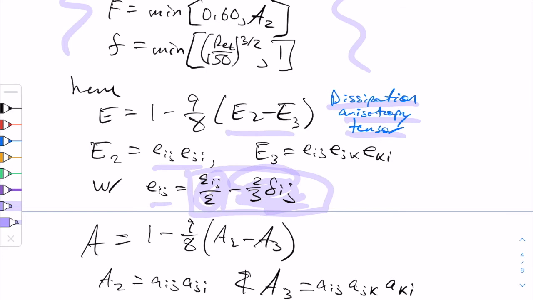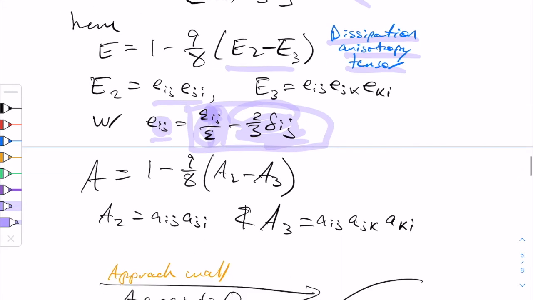So this is really just a different form of the dissipation tensor. And we should note that just like we're tracking Reynolds stress components, 6 of them, we're also tracking essentially 6 corresponding dissipation rates for those 6 Reynolds stresses in the Reynolds stress tensor. And you see they're normalized by epsilon.